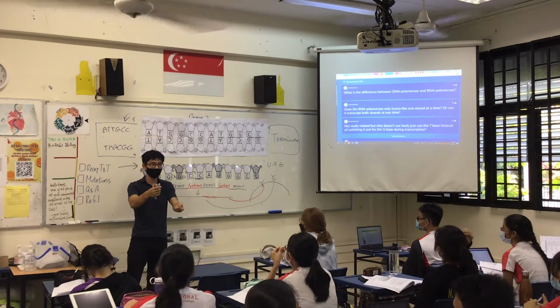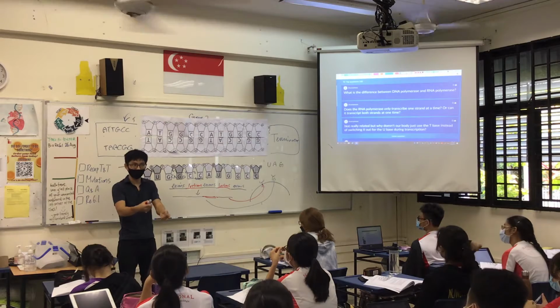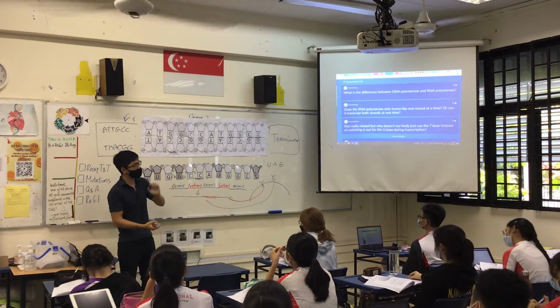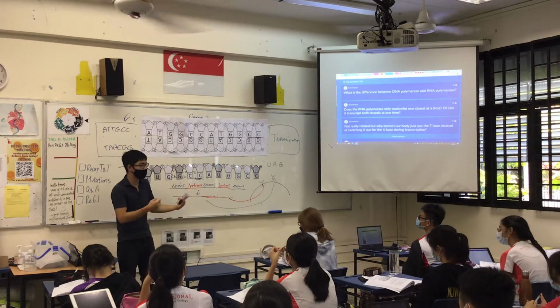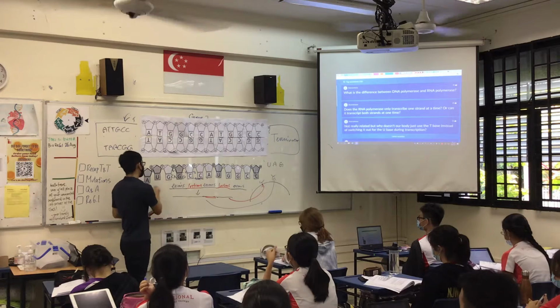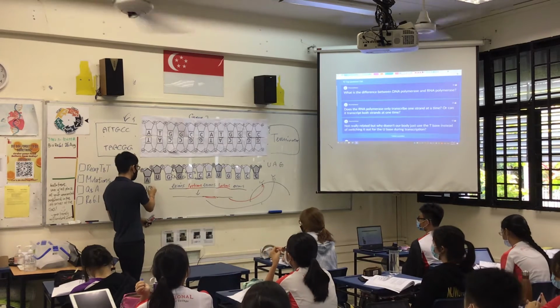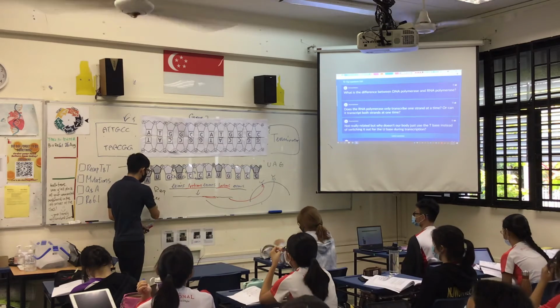DNA replication, yeah? So DNA polymerase is used in DNA replication because we are creating new DNA. RNA polymerase is found in this process because we are creating RNA, mRNA. In fact, therefore, you could try to compare DNA replication, transcription, and translation.